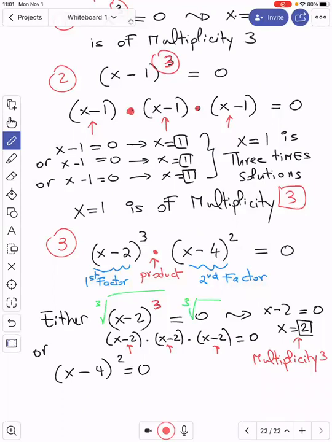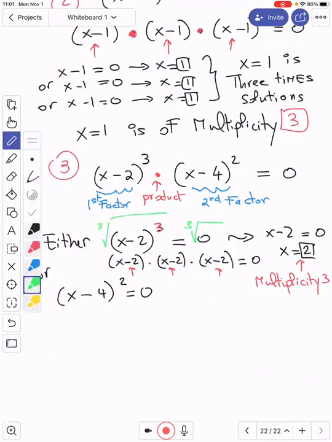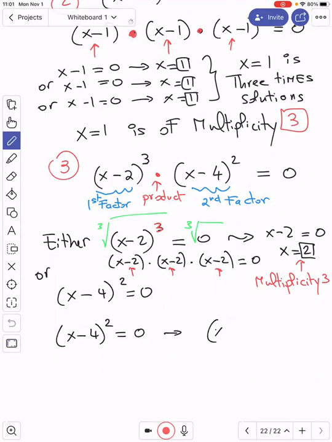Same thing for (x minus 4) squared equal to 0. You can just apply the square root on both sides.